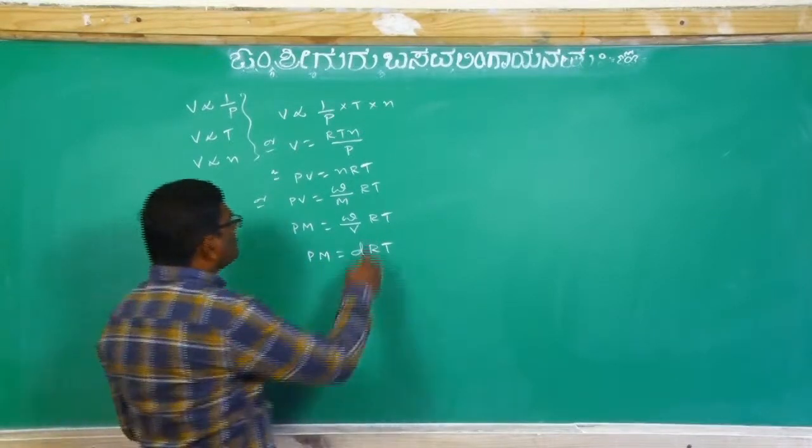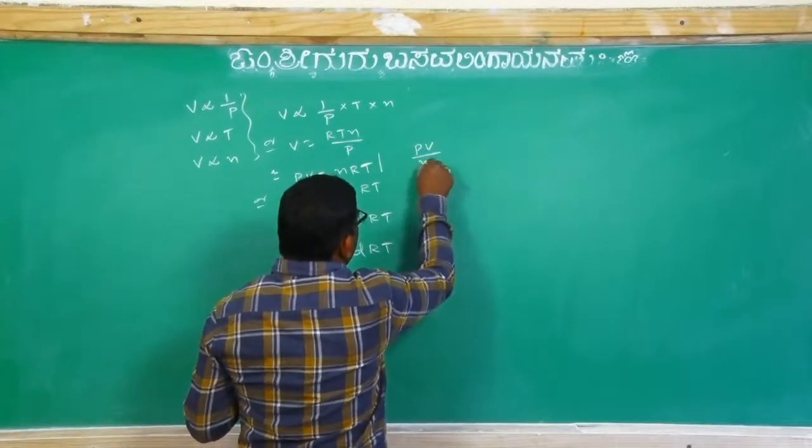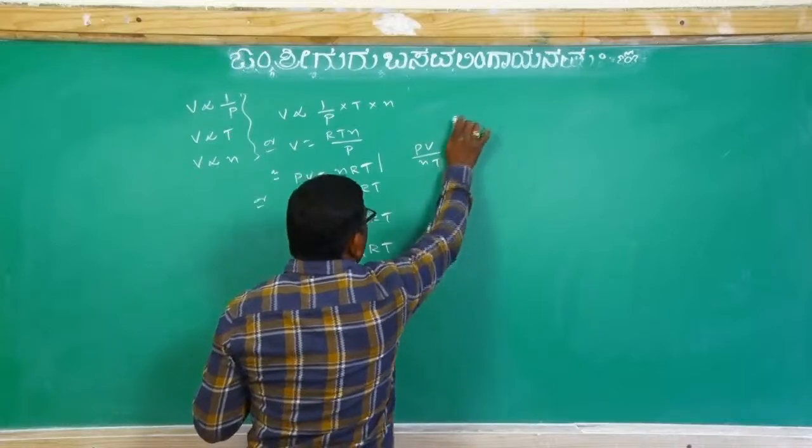For two gases, from here, if you check, PV by nT equals R. Correct?